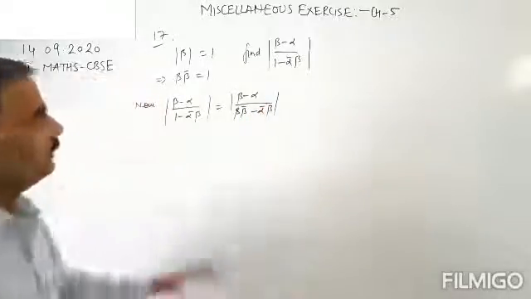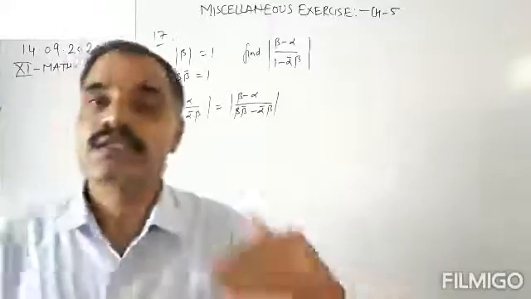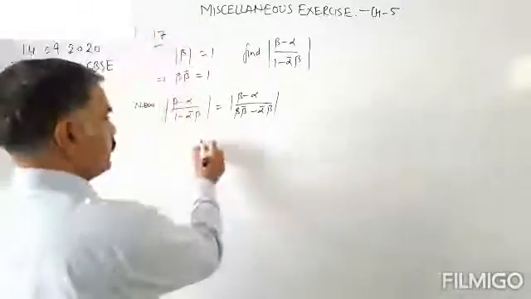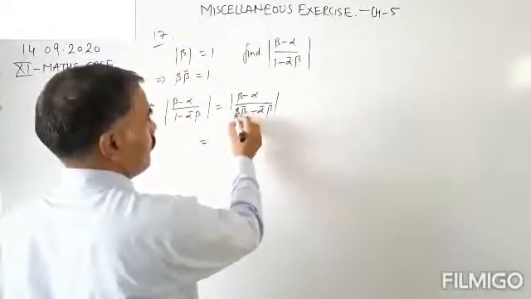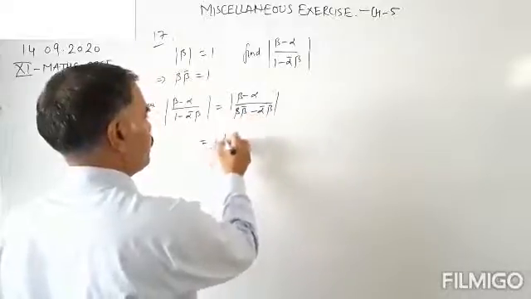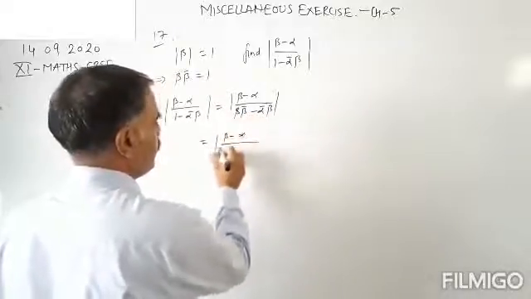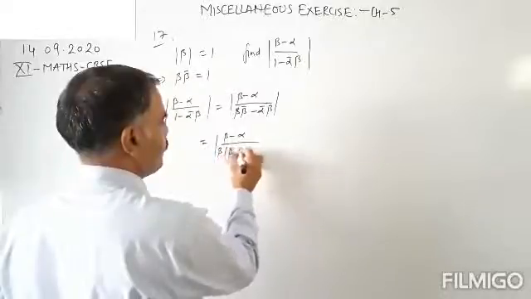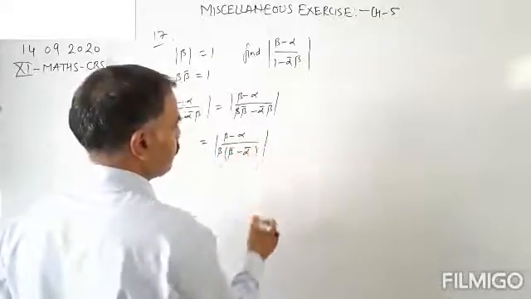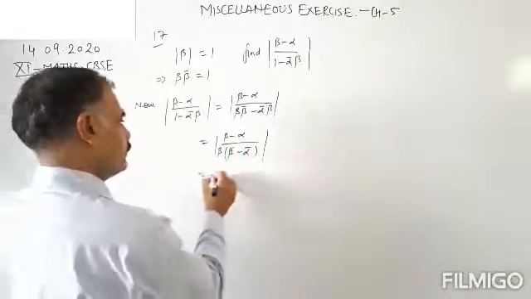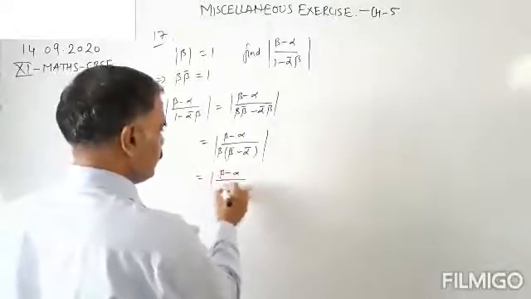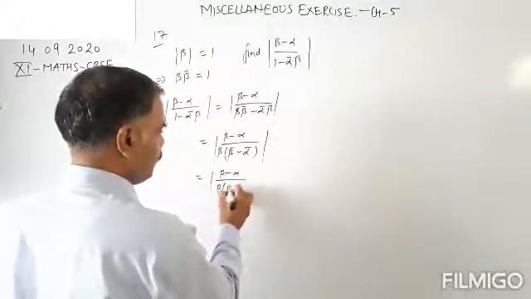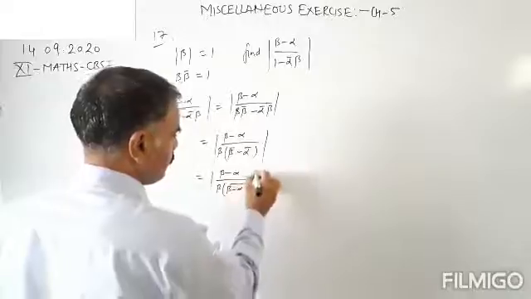Okay, any problem? I think no problem is there. So this equals, now taking beta common in the denominator, beta minus alpha upon beta times beta bar minus alpha bar. Okay, and this equals beta minus alpha upon beta times beta minus alpha bar.